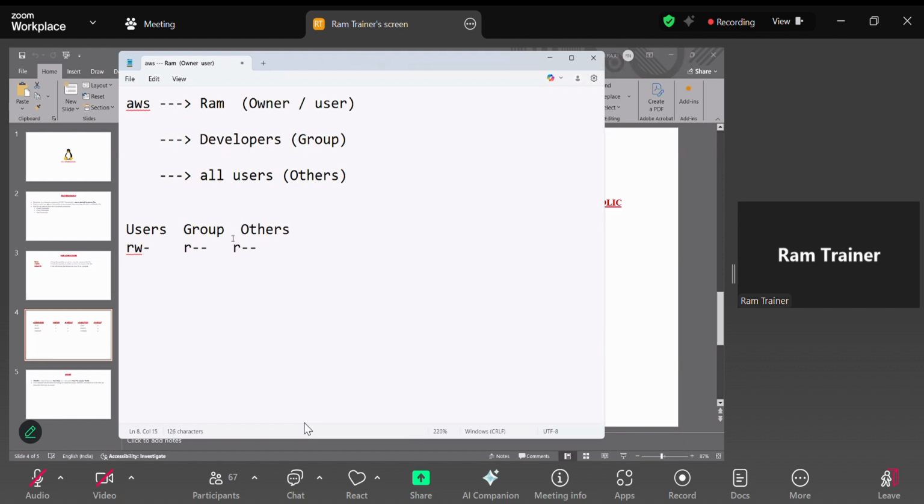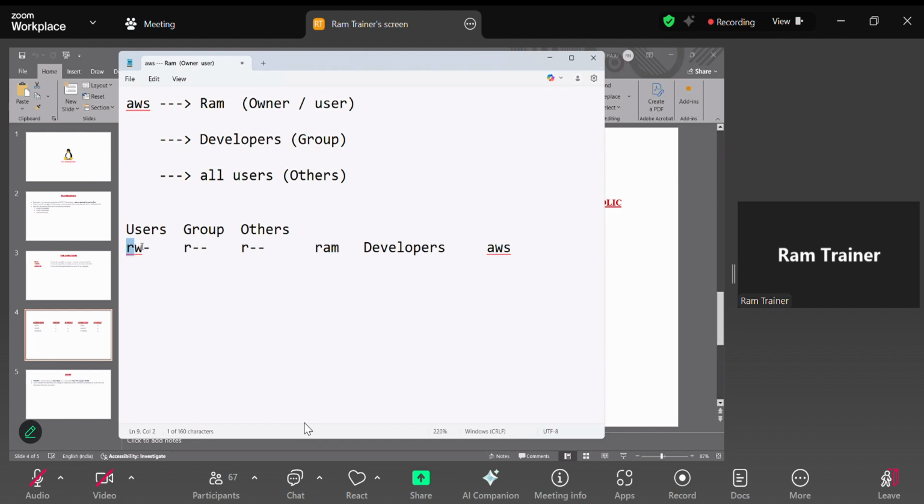For example, this file is an AWS file. So who is the owner of this file? Ram is the owner. Just assume the group name of this file is developers, for example, and the file name is AWS. Then what is the meaning here? This AWS file can be read and written by the owner, Ram.